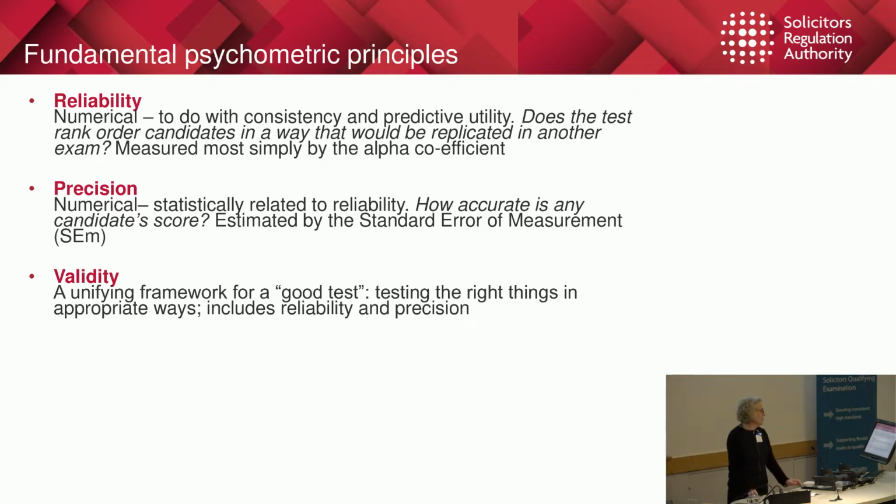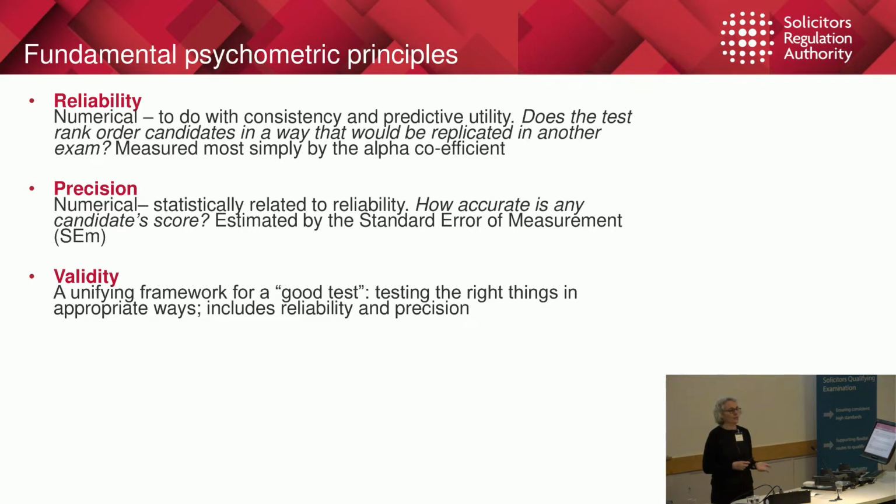So reliability is essentially a numerical concept, and it could be measured statistically, and it's to do with consistency and predictive utility. So the question it's answering is, does the test rank order candidates in a way that would be replicated in another exam?